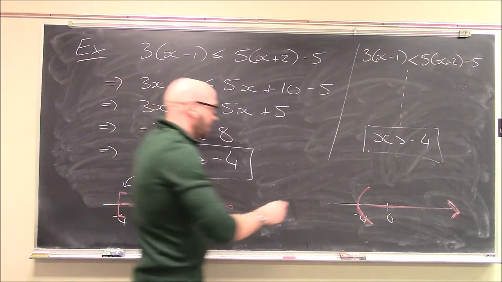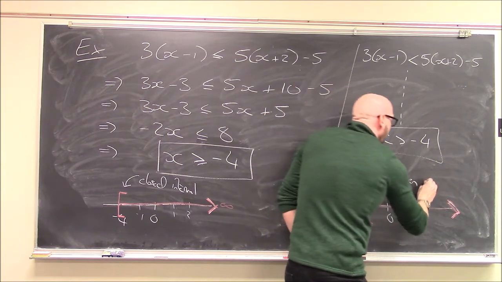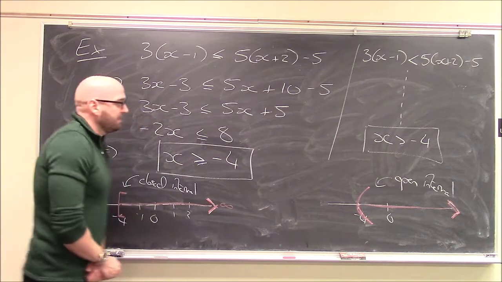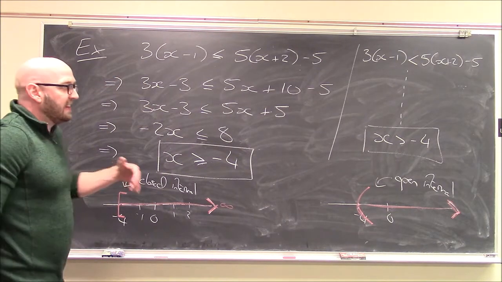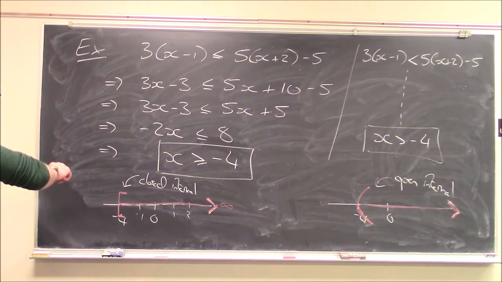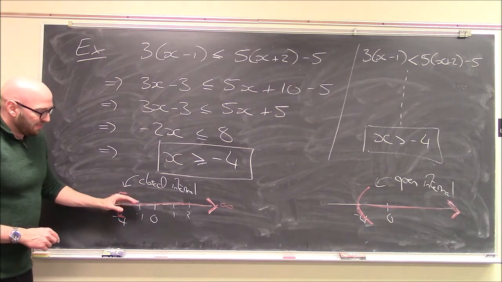And this is sometimes called an open interval, or the endpoints are open. And you'll see some questions in my math lab that ask you to graphically indicate what your solution set looks like.